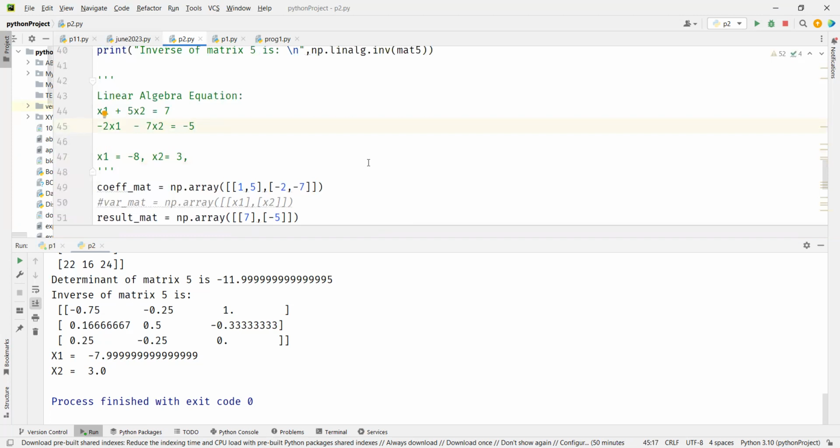And let it be any power, right? It can be 3 by 3 matrix, 4 by 4, 5 by 5. Okay, you can solve using Numpy. This is one application of Numpy in our data structure in Python.